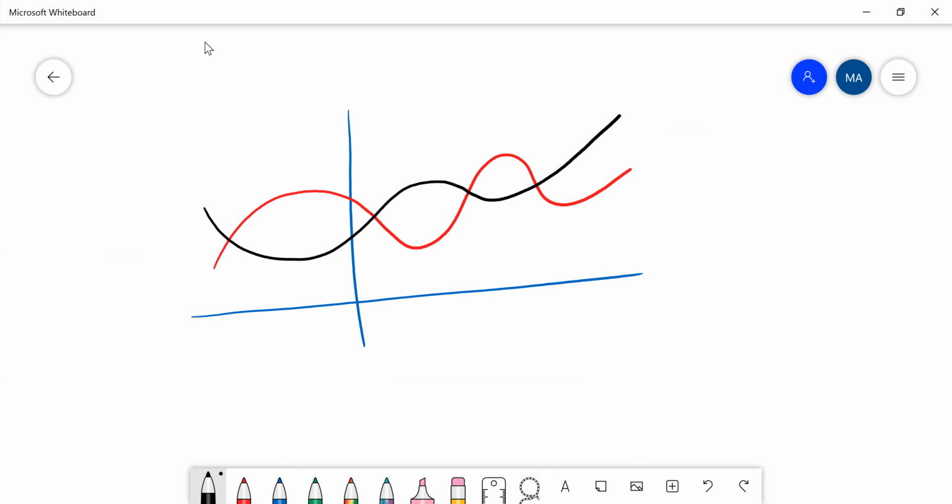So 1, 2, 3, 4. Now beyond that, this goes on like this, this goes on like this, this goes on like this, and this goes like this, let's say. Now, this is a system with 4 steady states.